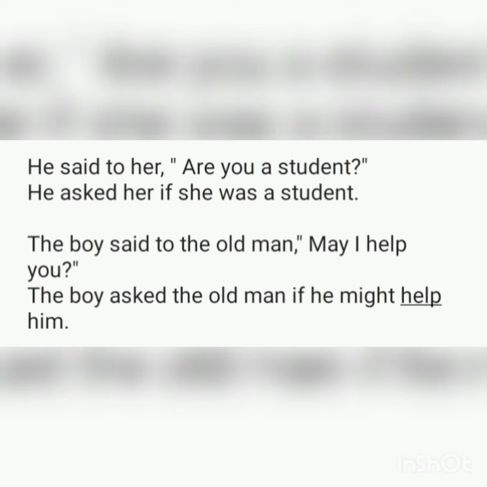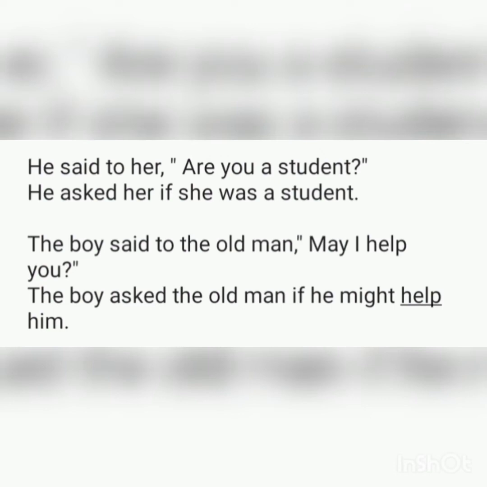The next question is, the boy said to the old man, "May I help you?" We have to change said to into asked again, and the reported speech begins with the auxiliary verb may. We can follow the same process as we did in the first question.